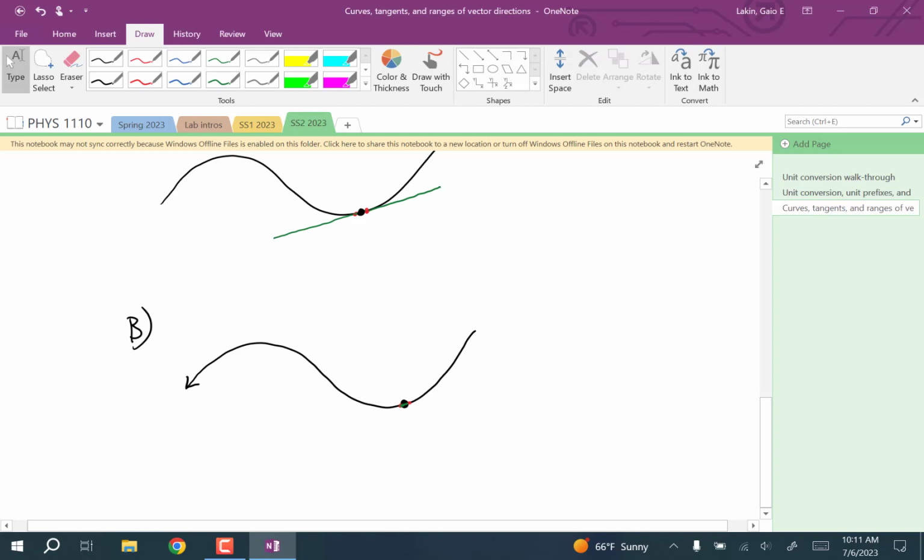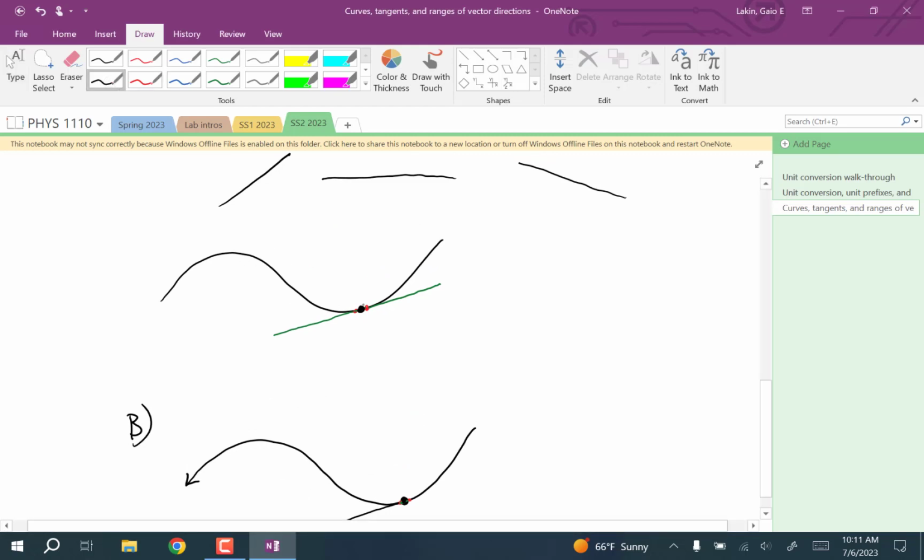You can think of it as so I could draw an arrow that's down and to the left, or I could draw an arrow that's up and to the right, parallel to that little green line. Which one do we want? We want the one that is in the direction of this motion, and so I'm going to draw it like this and put an arrow on it.